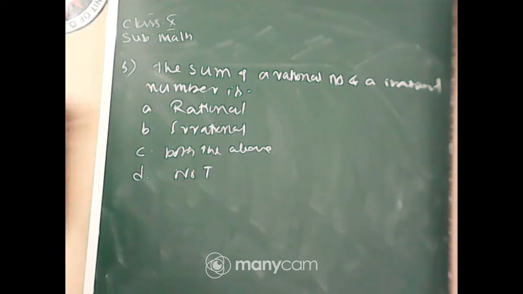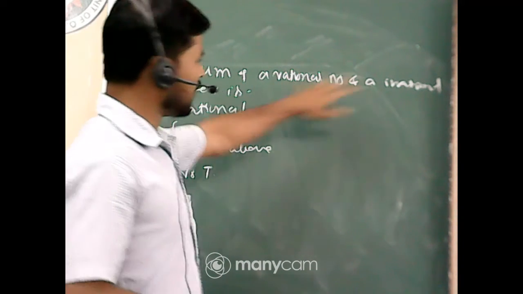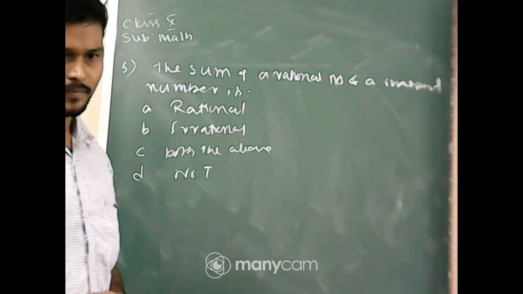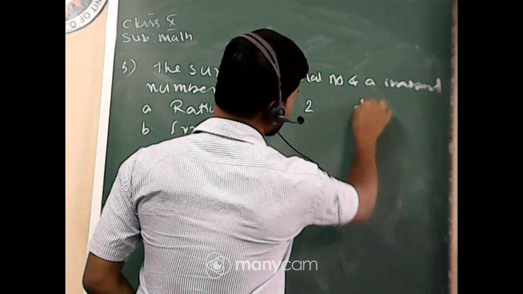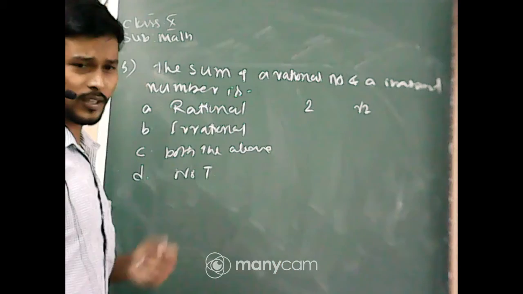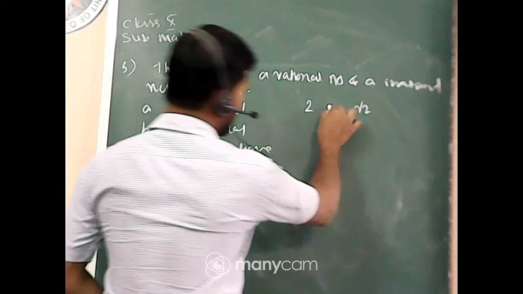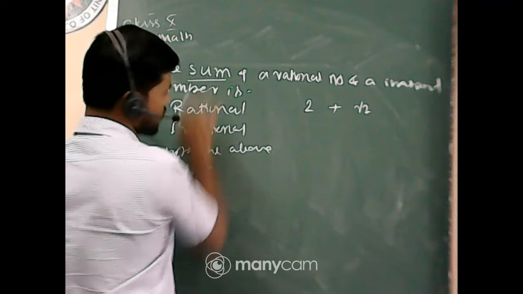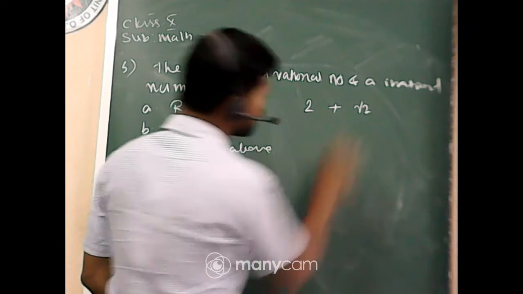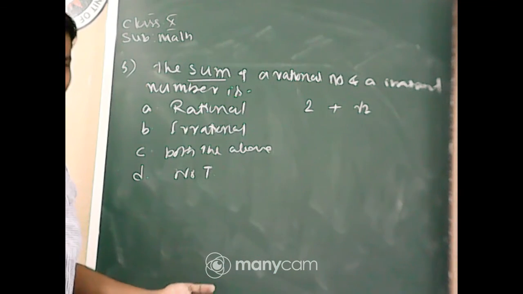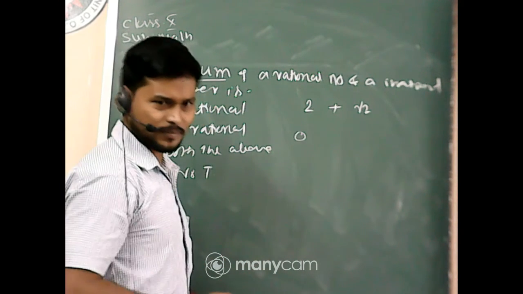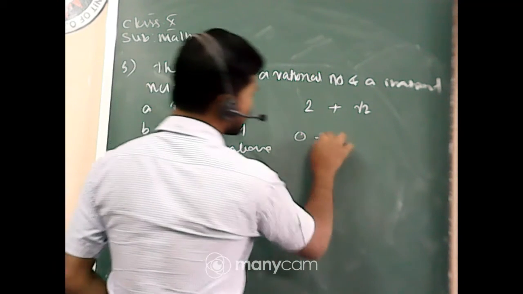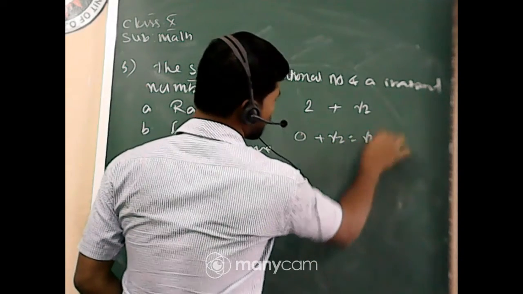Okay, let's take a few examples here. One rational number and one irrational number. Let us take the rational number 2 and the irrational number root 2, which I chose in the previous question, and now add them. Here the question is the sum, so the answer is 2 plus root 2, and that is an irrational number. And if I take 0 or any other number, 0 plus root 2 is again root 2, an irrational number.